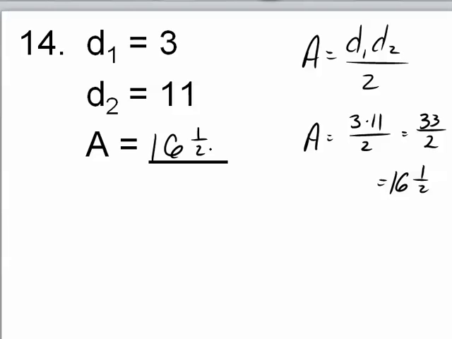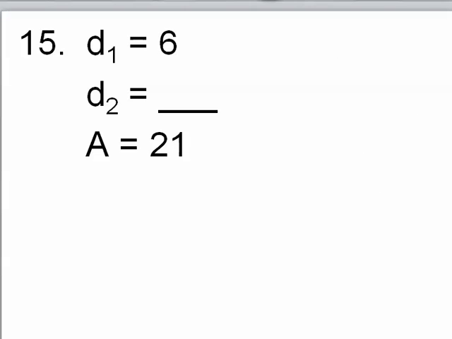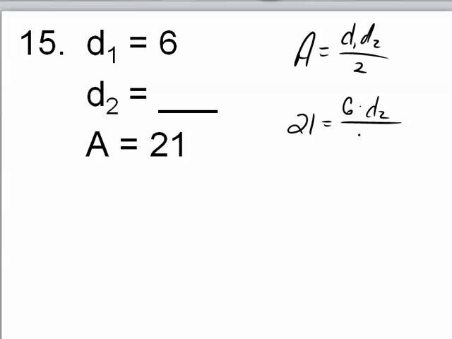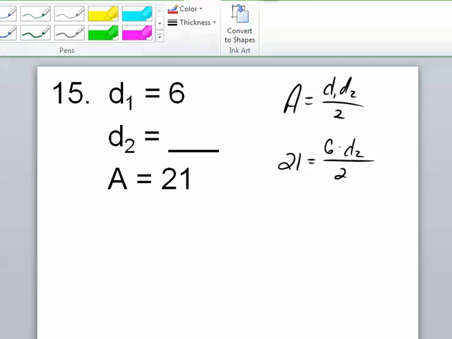And that's okay that we got a fraction. The next rhombus example, again, area is D1 times D2 divided by 2. So area, 21, equals the length of the first diagonal, 6, times the length of the second diagonal is missing, divided by 2.